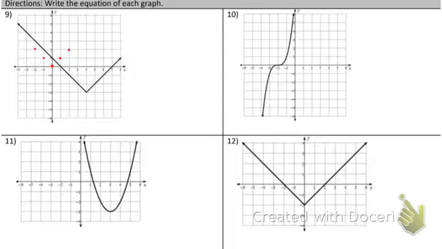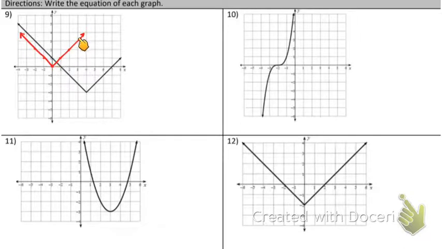So this graph that I'm drawing in here is the original, or what we call the parent graph, okay? So think of it this way. This was your starting graph. It has now been shifted to this graph, okay?